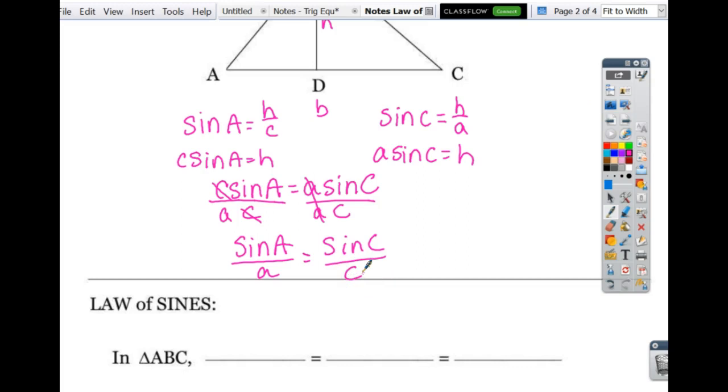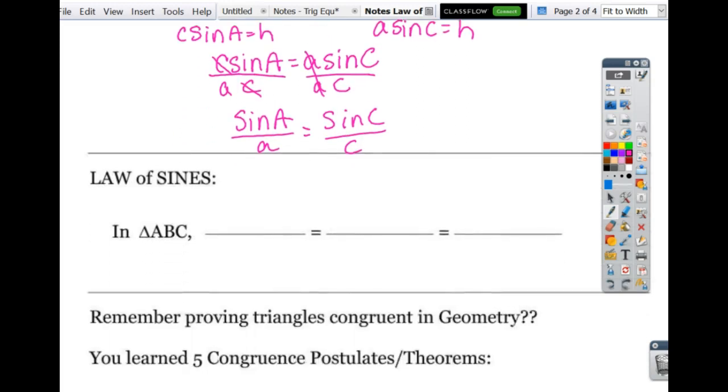And I get the sine of C over c. And so this is the law of sines. And this is what we're going to use to solve the oblique triangles. And I could have done the same thing with the B. I just used C. So the law of sines is the sine of A over a equals the sine of B over b, which equals the sine of C over c. They're all equal.